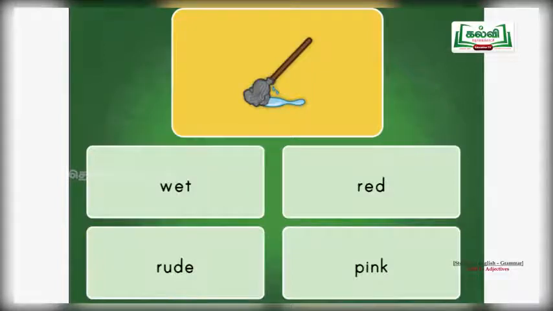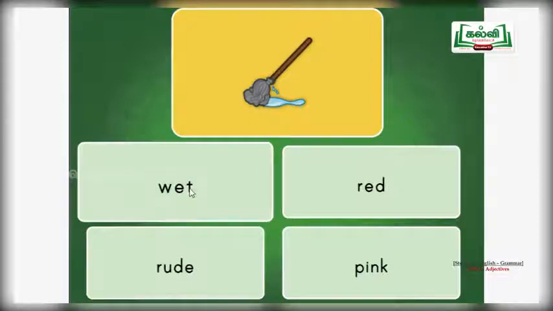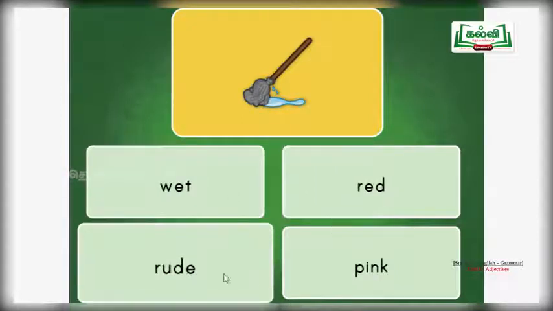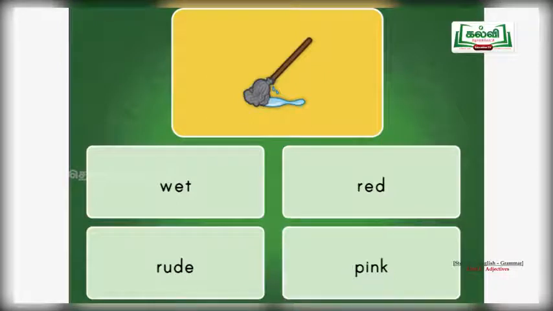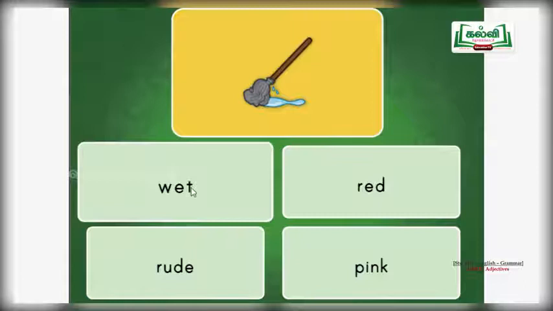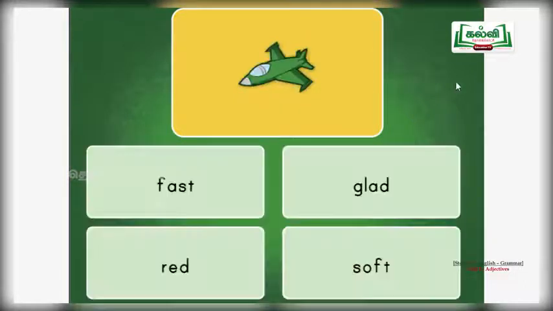Which adjective best describes the picture? See the image. Let's see what the options are. Blue, wet, red, rude, pink. Okay. Which can be the answer? You can see some droplets of water. So shall we go with wet? Wet. Which adjective best describes the picture?